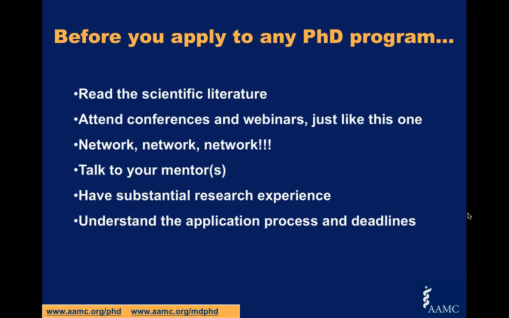So once you decide you're going to move forward, before you apply to any program, you should be reading the literature and getting an idea for research areas that interest you. Attend conferences if you can, and use any other web resources like this one to find out more about these programs and what they mean. Talk to people at your home institution.